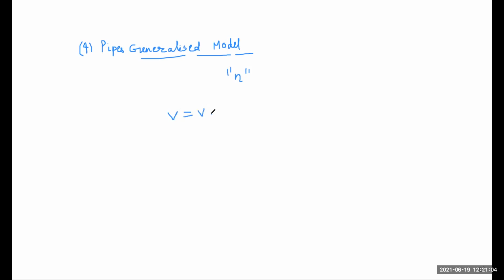V is equal to Vf times (1 minus K by Kj) to the power n. This is Pipes' generalized model.